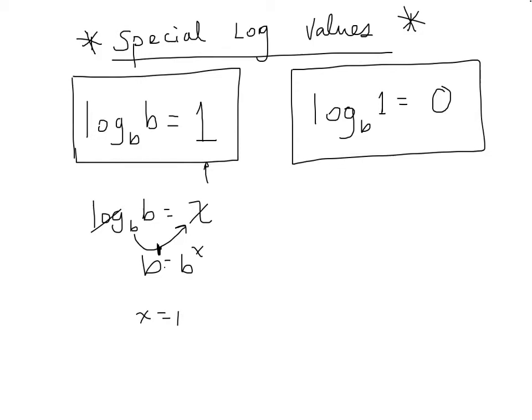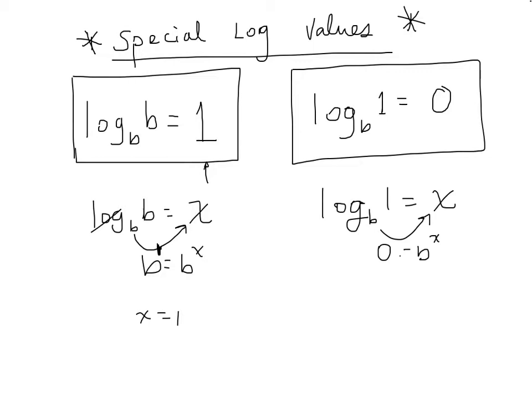Same thing with this example. If I move my base over to the other side, let's set that equal to x because that's what I want to find out. Well, if I move my base over here, I get b to the x equals 1.